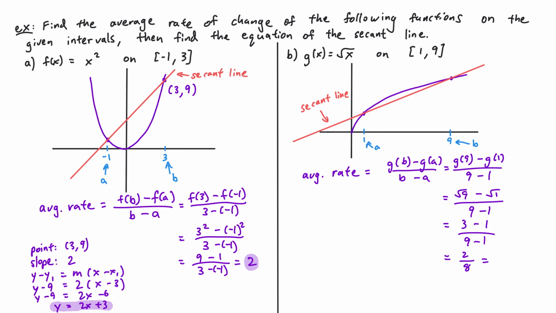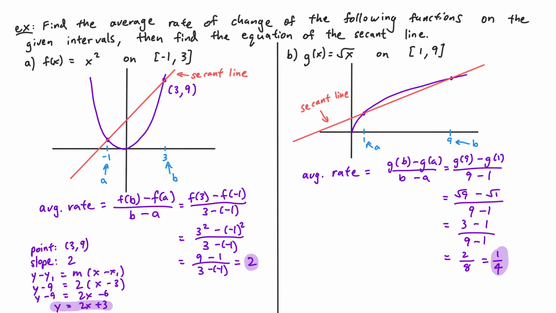So we have 2 divided by 8, which is 1/4. So the average rate of change for our function is 1/4. What this means is that on the interval from 1 to 9, every time we increase our input or our x value by 1, on average, my output or y value is going to increase by 1/4.